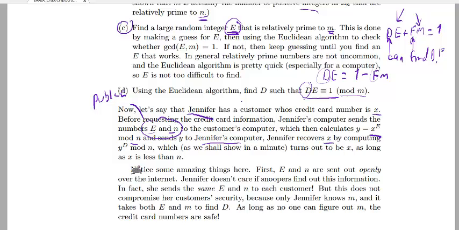Jennifer can recover X by computing Y to the D mod N, where Y is the message she receives from the customer. And D is the secret key, or private key.